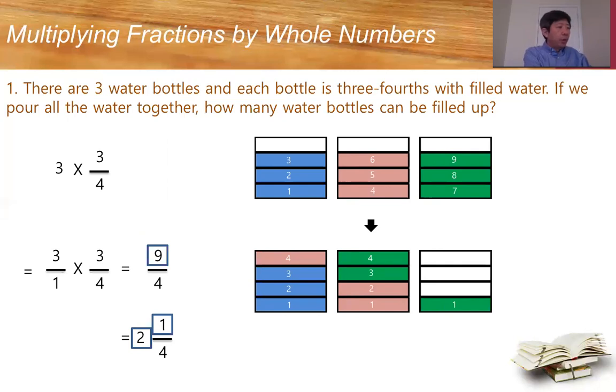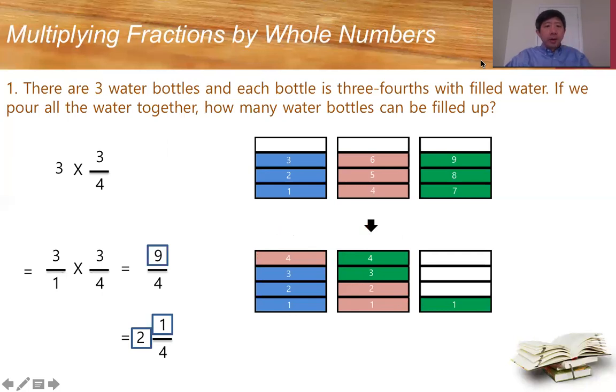If you fill in all the water, we got 1 whole, and we got 2 wholes, and then what's left over? We got 1/4, right? So therefore, you can see the picture here, okay?